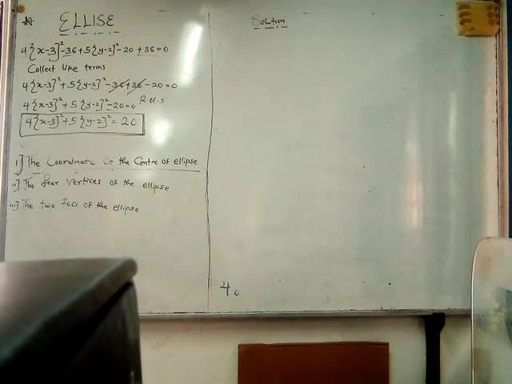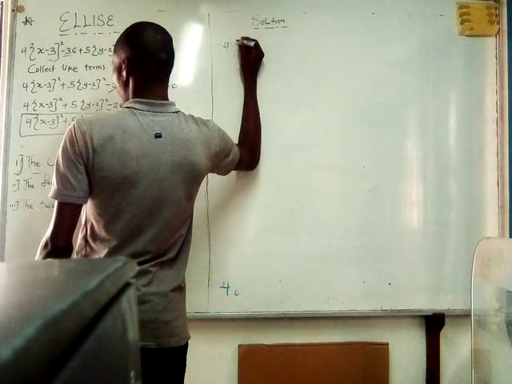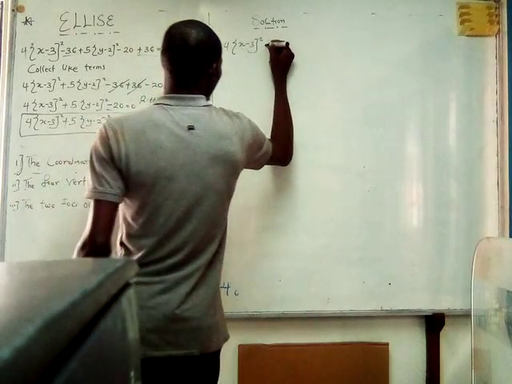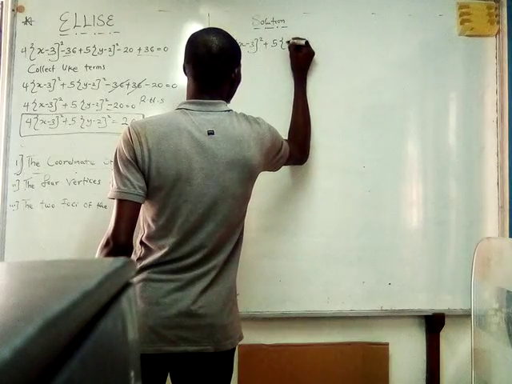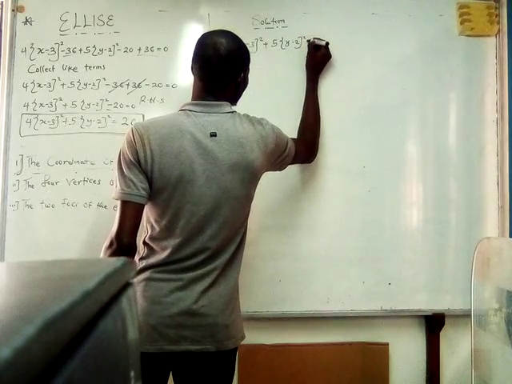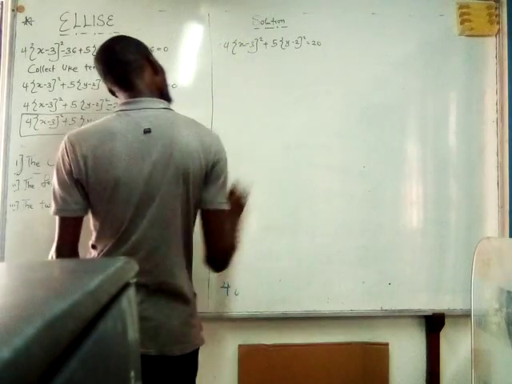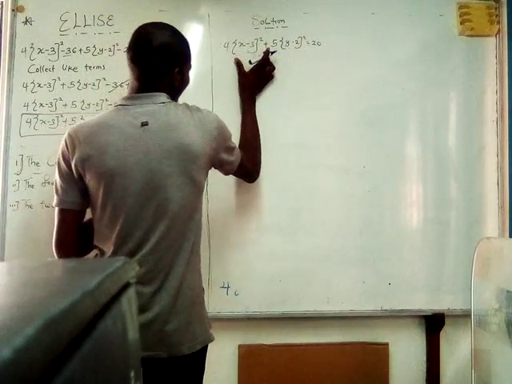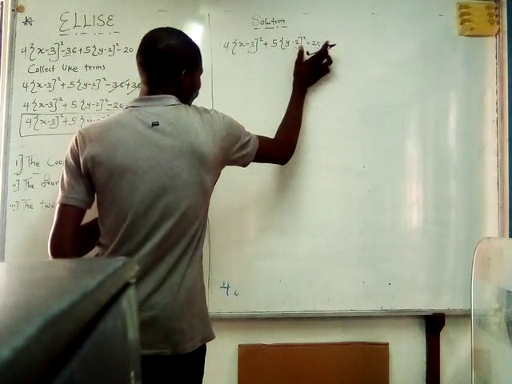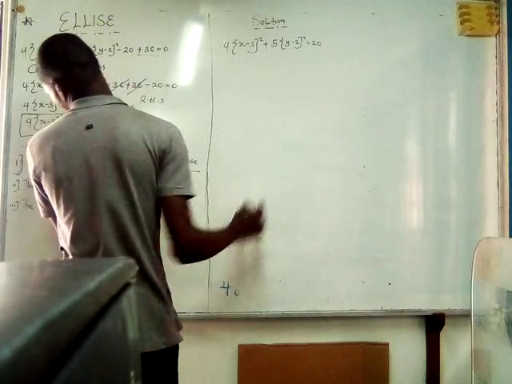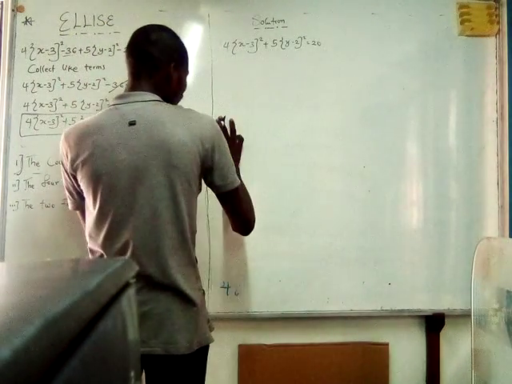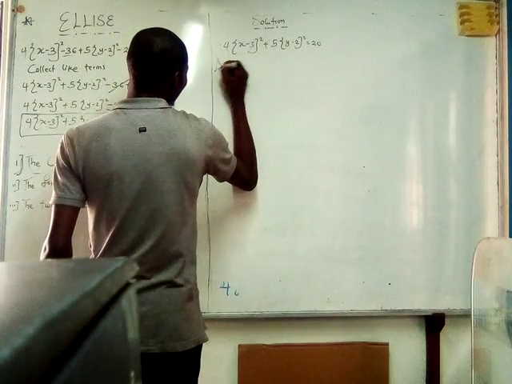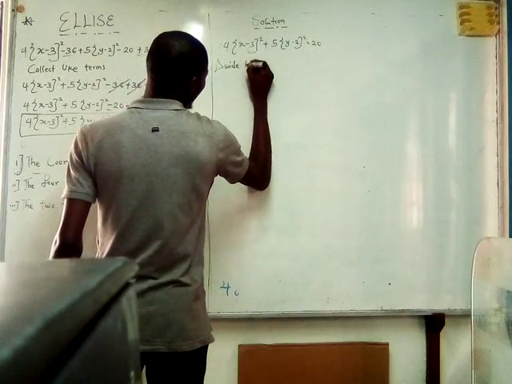So we are going to say 4 open bracket x minus 3 raised to power 2 plus 5 open bracket y minus 2 raised to power 2 equals to 20. So we want to make this x minus 3 then y minus 2 have a fraction. To make it a fraction, you have to divide both sides by 20.